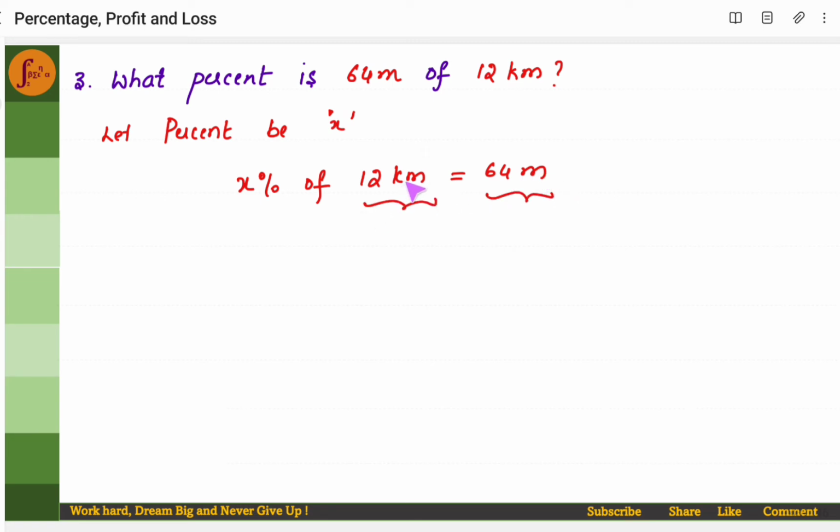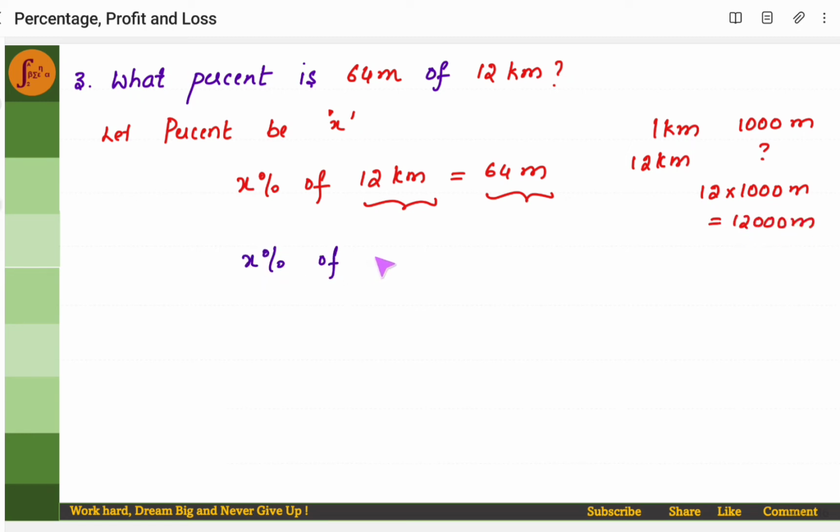We have meters and kilometers, so we'll convert kilometers to meters. 1 kilometer is 1000 meters. Therefore, 12 kilometers would be 12 into 1000, which is 12,000 meters. So x percent of 12,000 meters is equal to 64 meters.